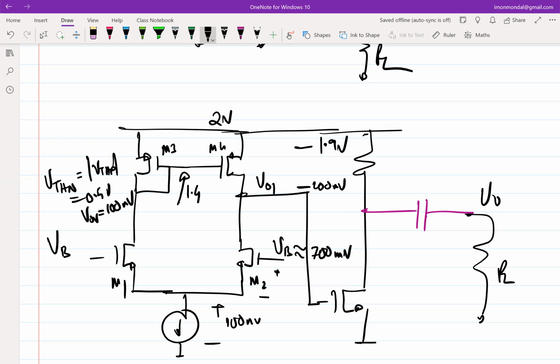I didn't tell you why, but let me again backtrack and say that for some requirement you want this voltage, the output of V01, to be close to VDD, right? Maybe close to 1.9 volt, maybe 1.5 volt, 1.6 volt. Then do you think this output stage is a good idea? The reason I'm asking is, let's say for some reason you want this voltage to be 1.5 volt.